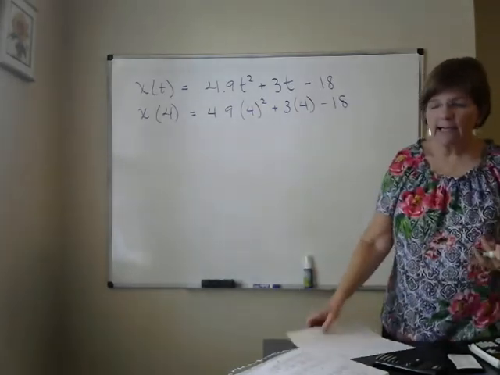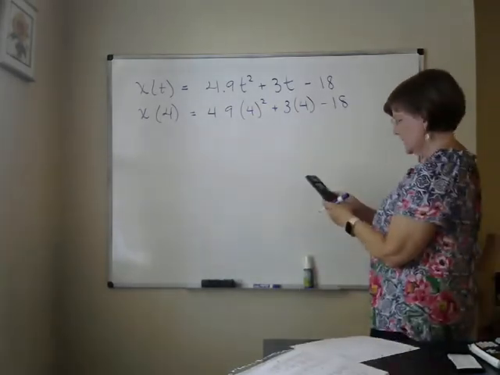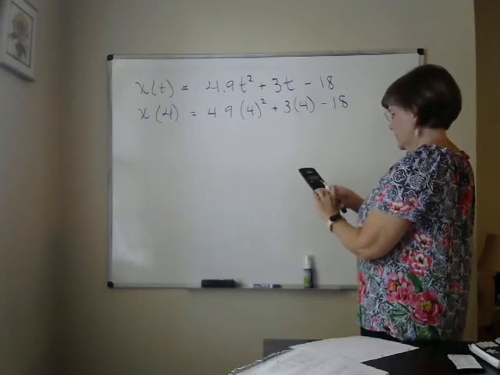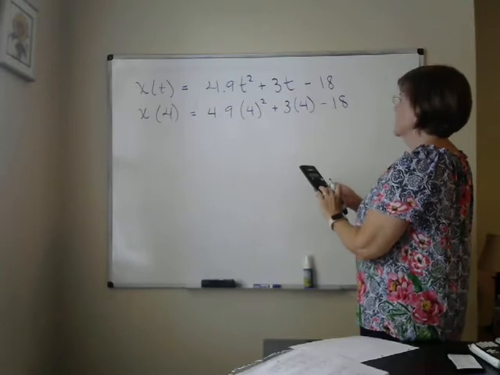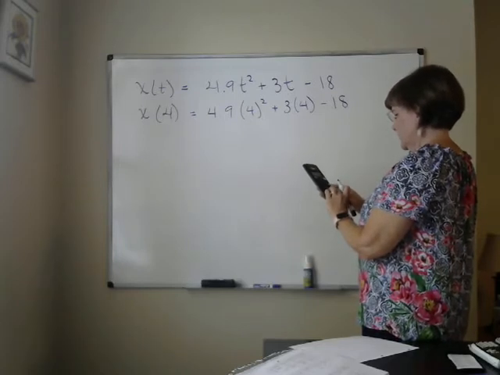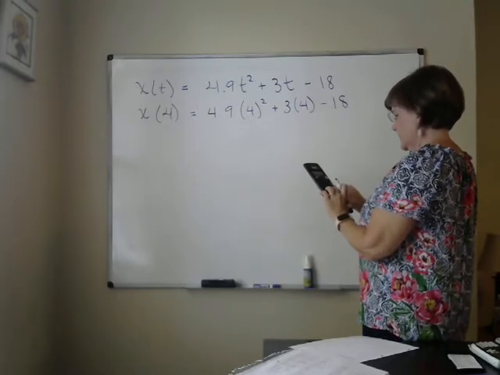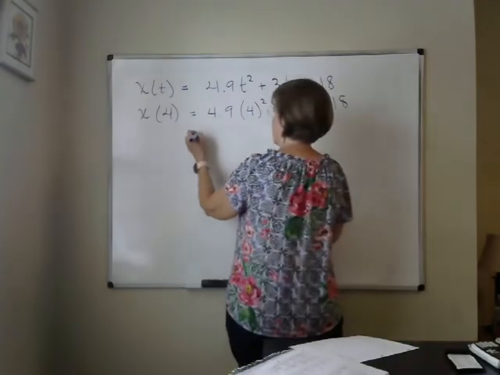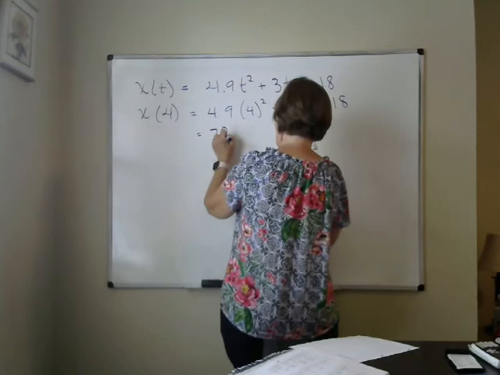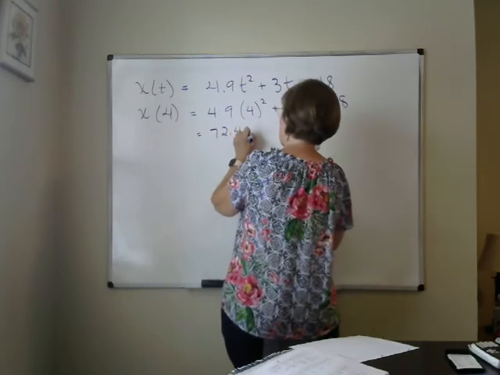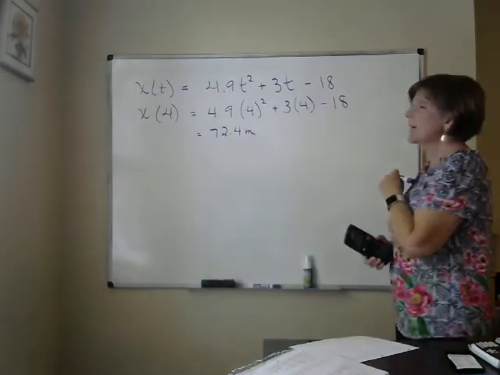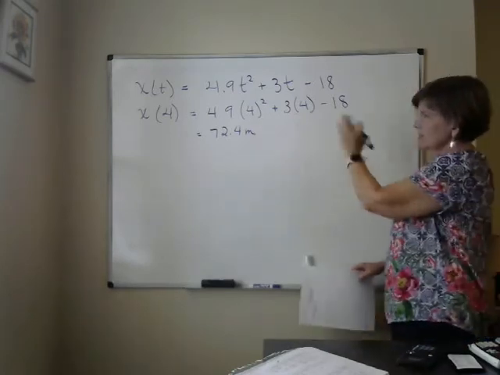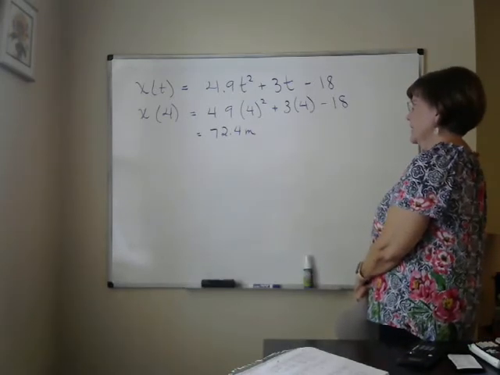Now I'd get out a calculator because I'm like everybody else. Let's do it the easy way. 4.9 times 4 squared plus 3 times 4 minus 18 comes out to be 72.4 meters. I'm not going to worry about significant digits in this function right now, but just plugging in 4, that's what I found out.